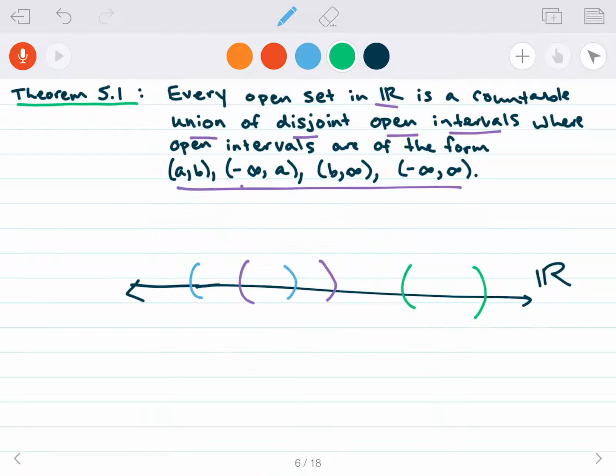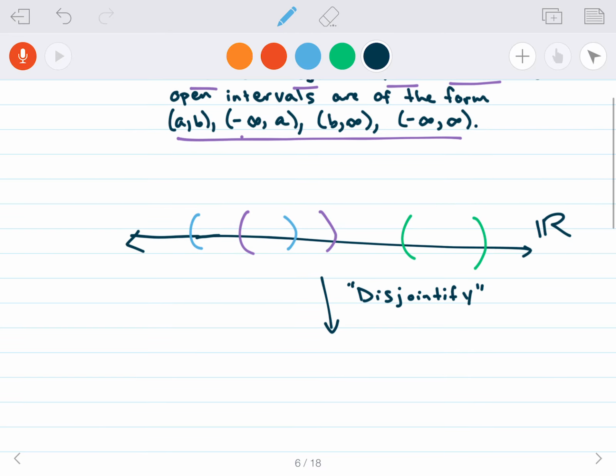And so this theorem is saying I can make this disjoint, and we can see how. We'll disjointify.